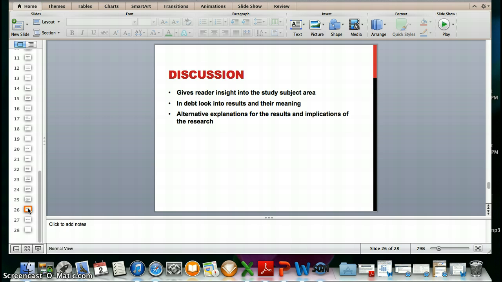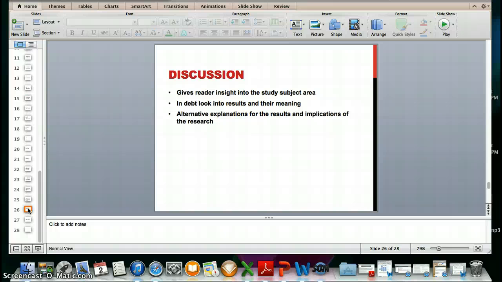Now that we've pretty much explained the results section, looked at the stats, where they fit in and why we look at the areas that we do, we're going to continue with the rest of the article. After you've critically reviewed and appraised the results section, you have the discussion section.